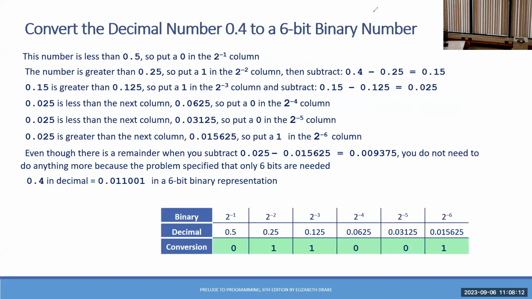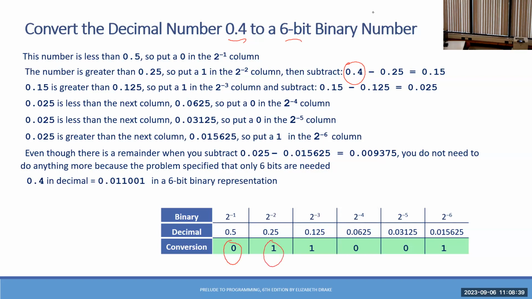Alright, so now see what happened here. If I want to convert this one into a 6-bit binary number here. In order to make 0.4, I don't need this 0.5, right? That's why I put 0 here. In order to have the 0.4, I need 0.25 here, right? That's why I put number 1 here.